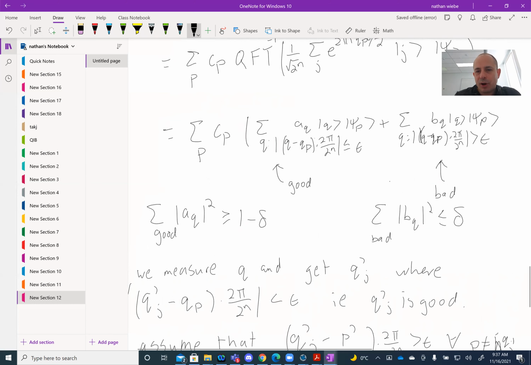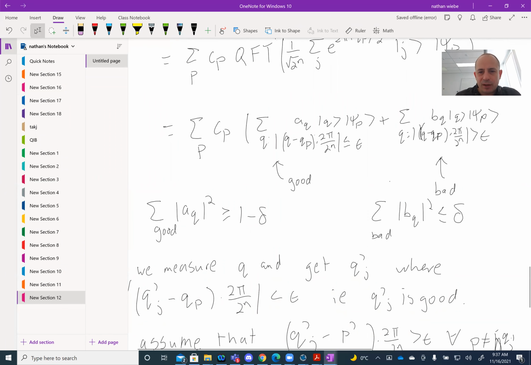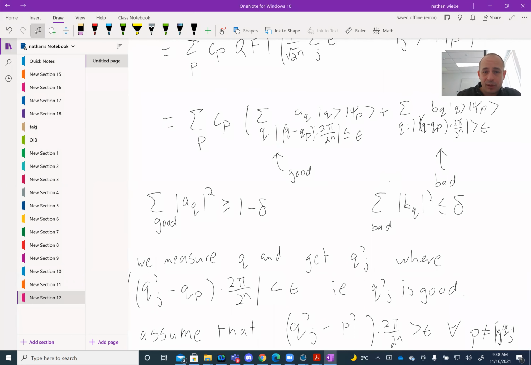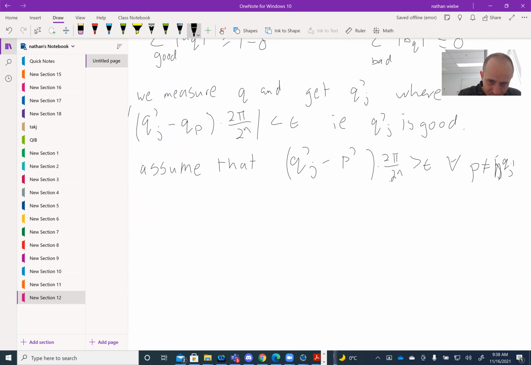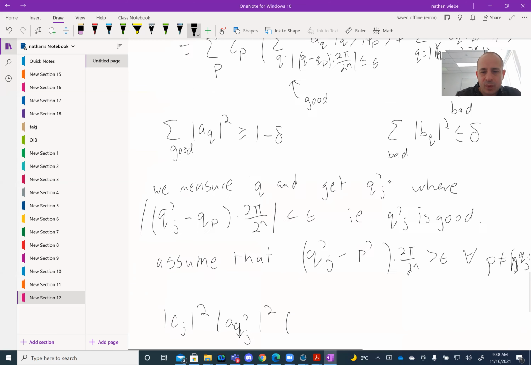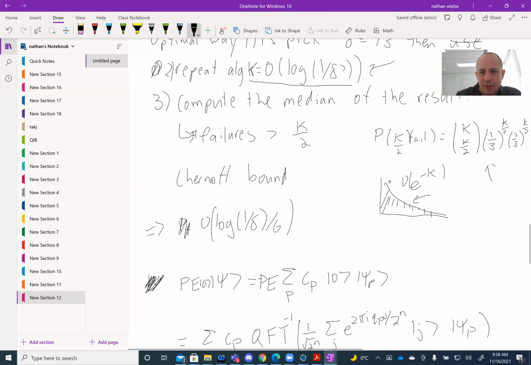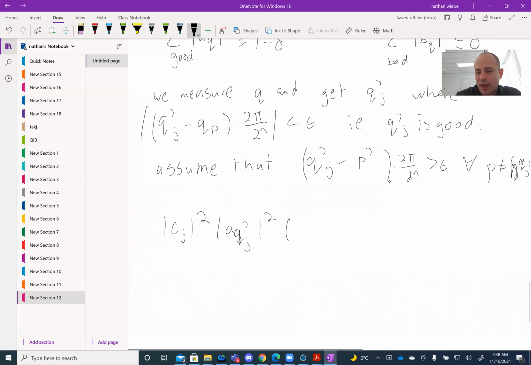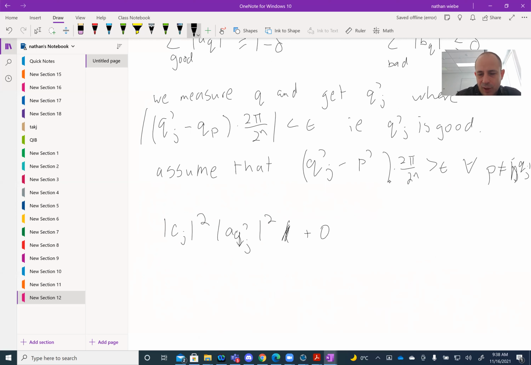When we compute the probability from this, we find that it is basically the probability from the first term, which is the absolute value of c_j squared times the coefficient we get from the expansion, which I called a_{q'_j}. That's kind of weird, but whatever. Plus the probability that we get it from the other states, which is order delta.